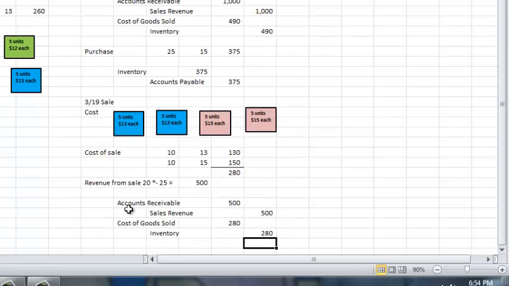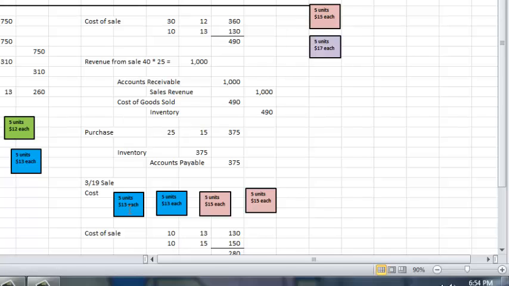Now, the last transaction that we have for the month is a purchase of 15 units at $17 right at the end of the month. 15 units at $17 each. So the total cost of our purchase, 15 multiplied by 17, gives us $255.